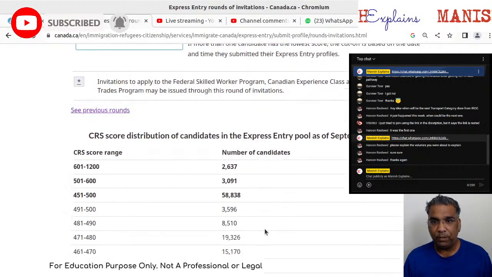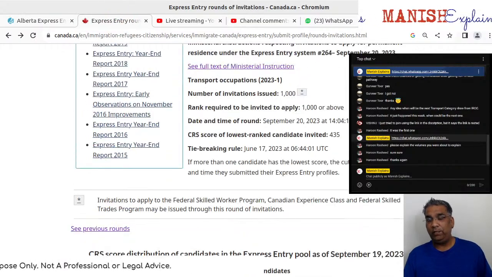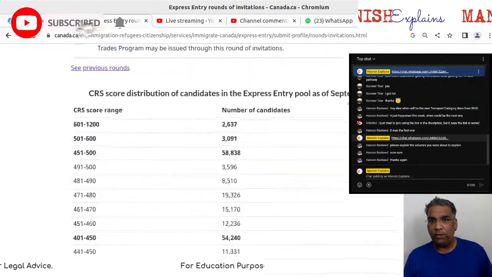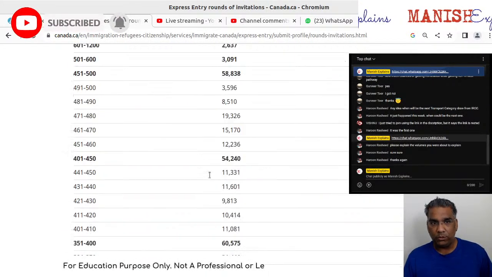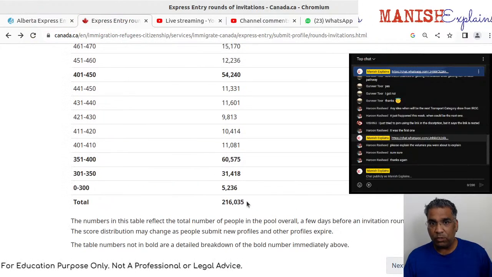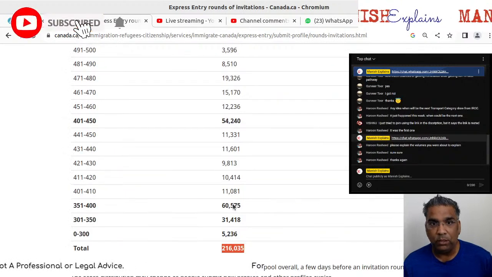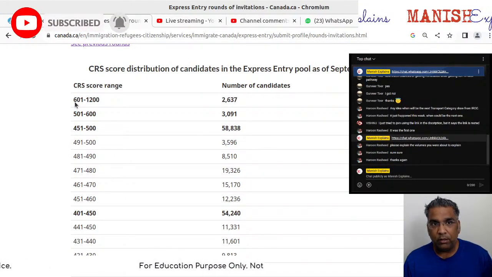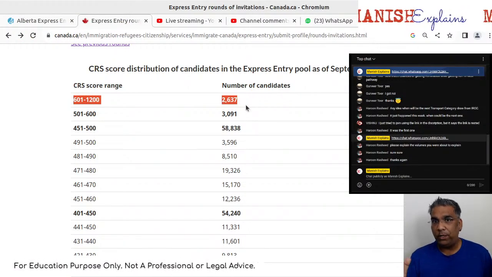Okay, let's look at the CRS distribution as on 19th of September. The draw was done on 20th of September, and before that, on 19th of September, this is how the pool looks. There are a total of 260,000 people in the pool, and 2,600 people are in the range of 601 to 1,200.